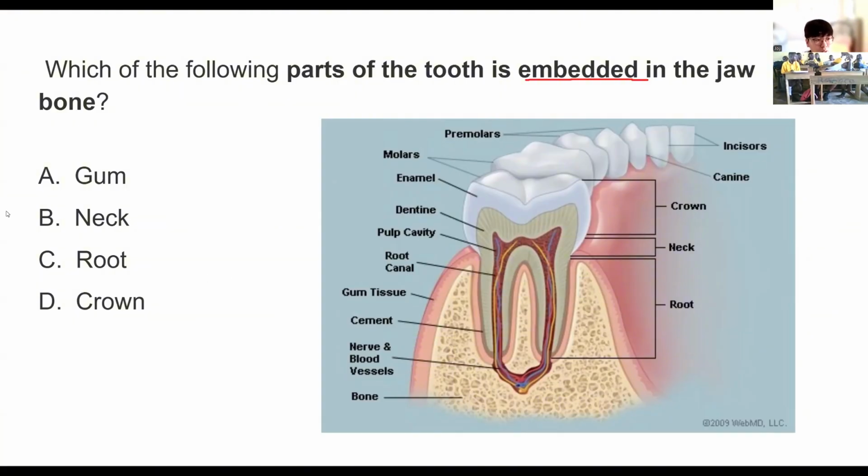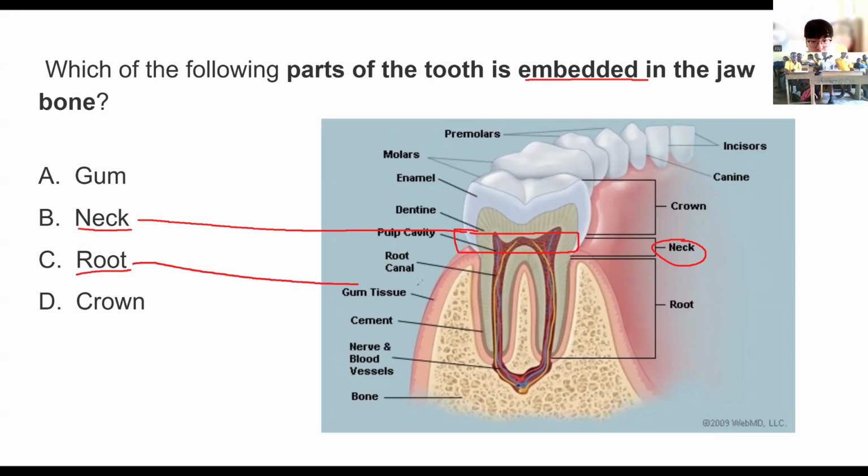Yeah, I think I heard maybe B. Are you saying B, the neck, which is this part? Or I think I heard someone say C. Are you saying the root, which is this whole part? Yeah, that's correct. It's actually the root.